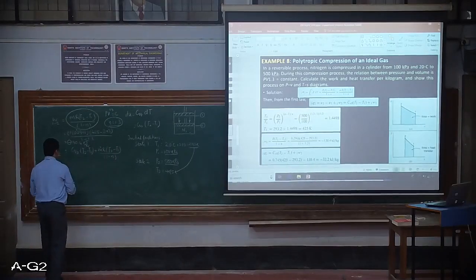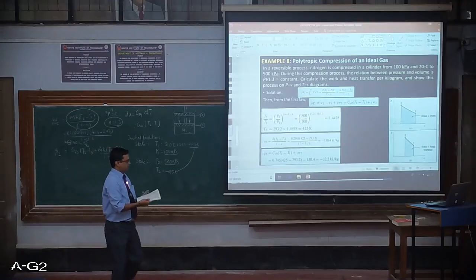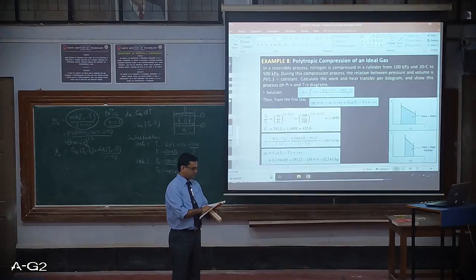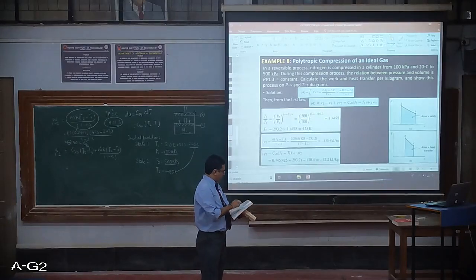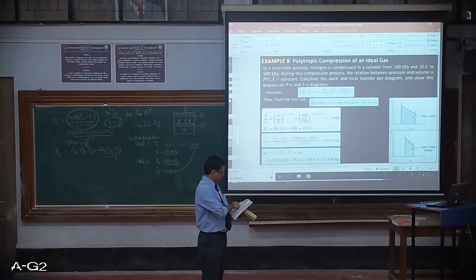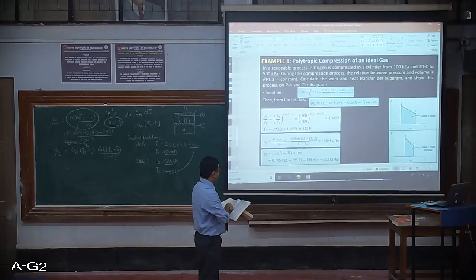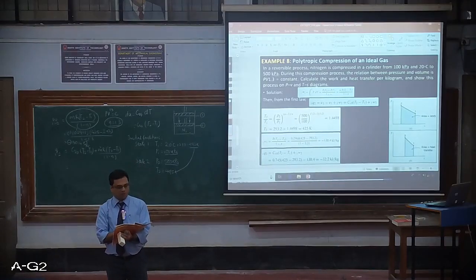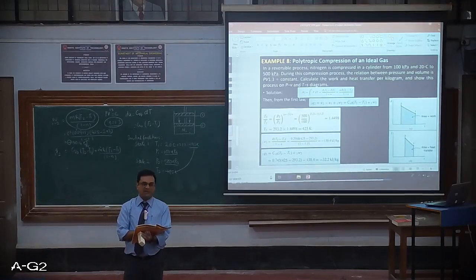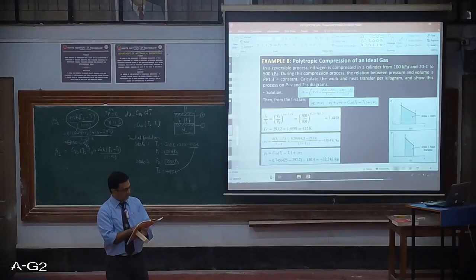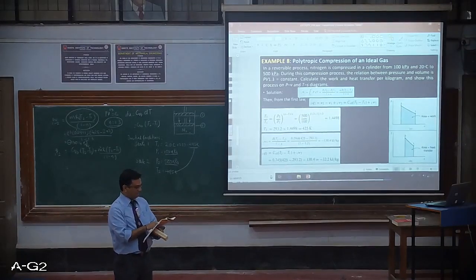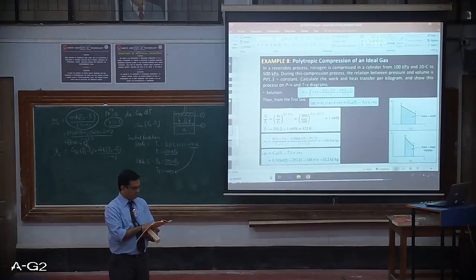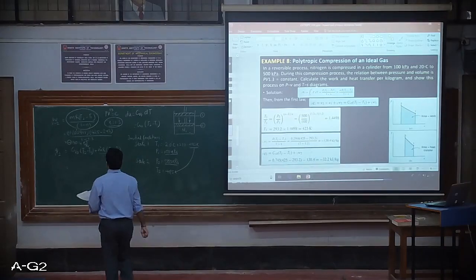Cv. Again this Cv needs to be referred from property tables, page number 2, where for nitrogen the value of Cv is given as 0.743. Page number 2, table number 2, where ideal gas specific heats of various common gases are mentioned. In the column of Cv for nitrogen it is 0.743.